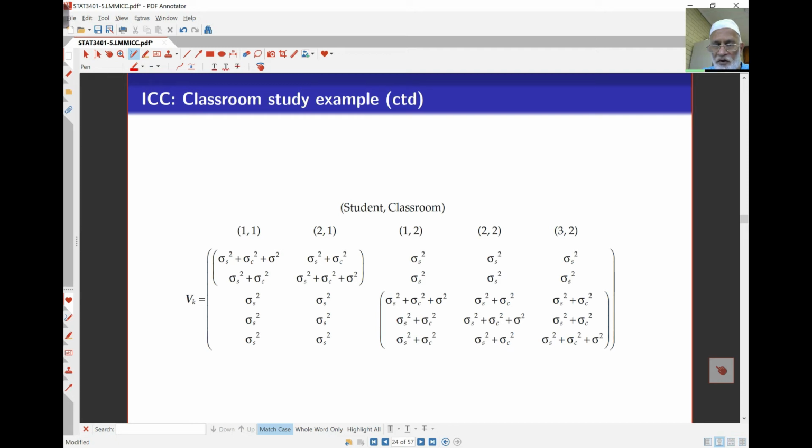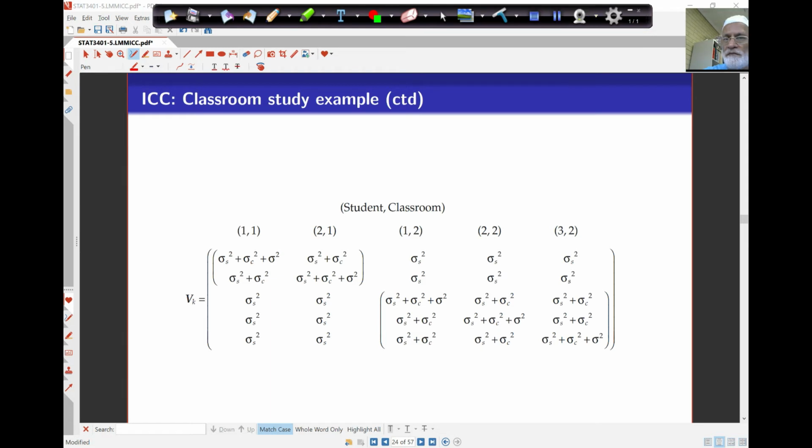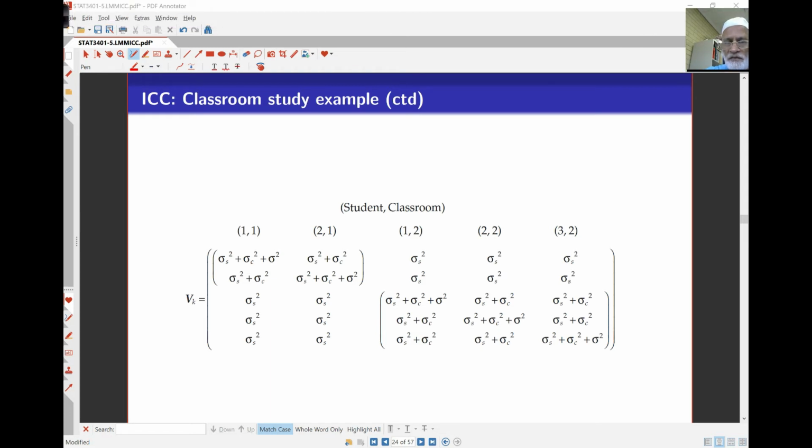And then I've got another block structure here, which is exactly the same as you'd expect, because this happens in blocks here. So essentially I've got a student in a classroom here, so this is 1, 1, 2, 1, 1, 2, 2, 2, 3, 2. You can see how that makes sense here. So the way this is looked at is student and classroom.